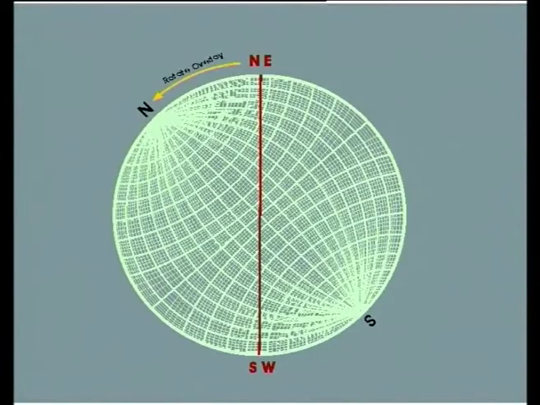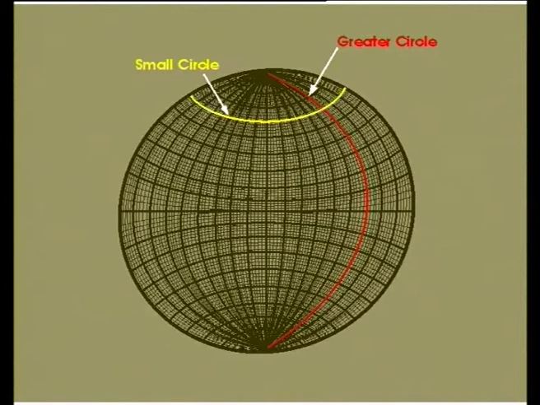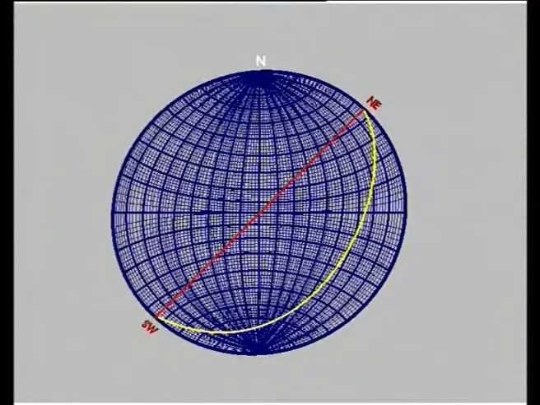Now, southeast is coinciding with the east direction of the grid. We measure out the amount of dip from the east end on the periphery and trace out the great circle that is drawn on the stereographic net. Then we rotate the transparent paper back to the original position and we have the stereographic projection of the northeast southwest striking and southeasterly dipping plane.